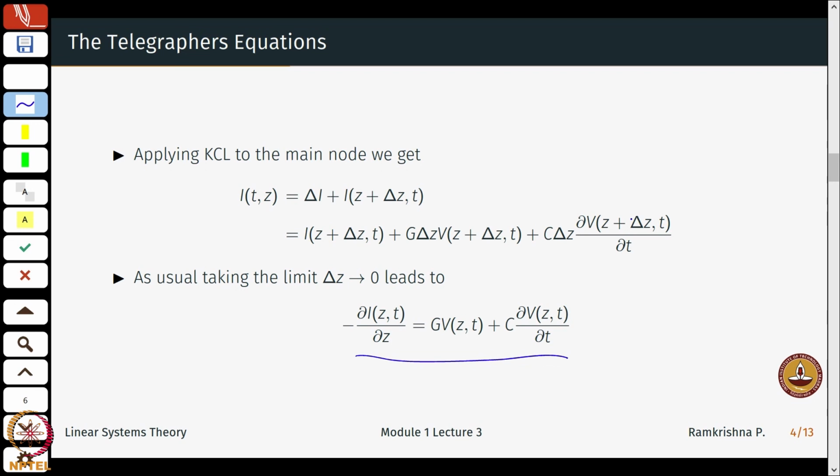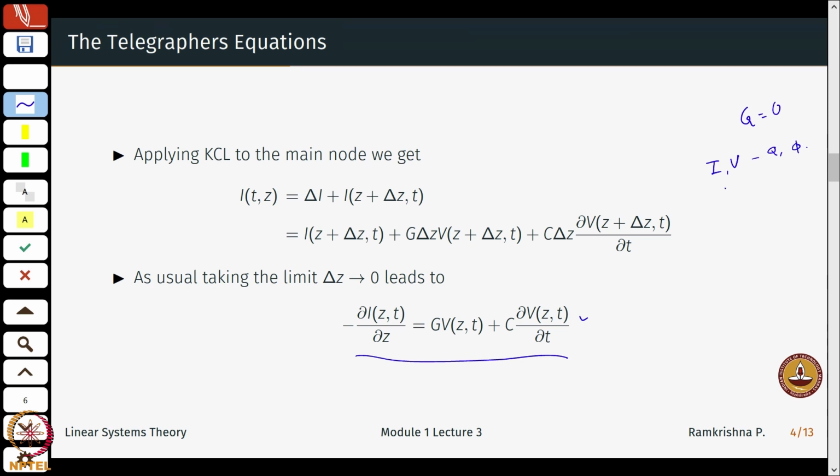Okay. So, let me just take this equation for a while. For simplicity, let me assume G is equal to 0. Let me write down I and V in more fundamental terms, the charge and the flux.